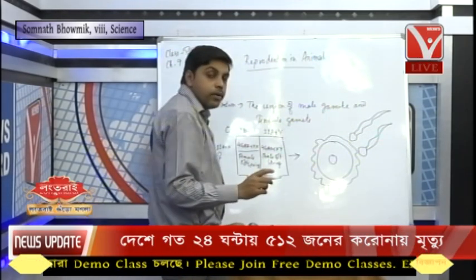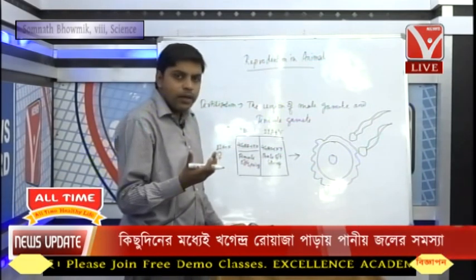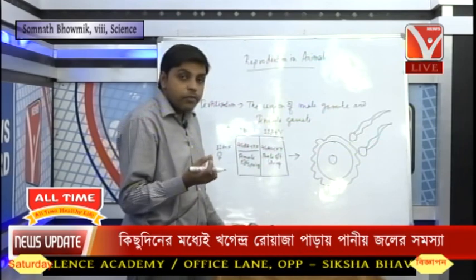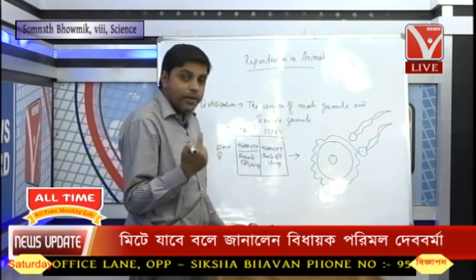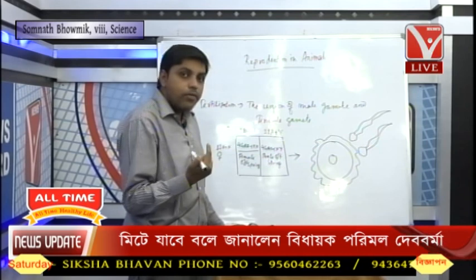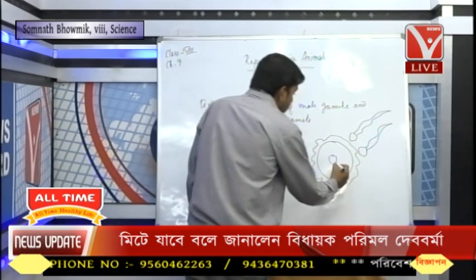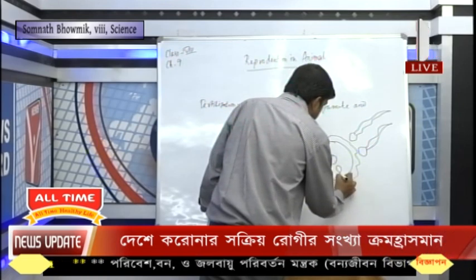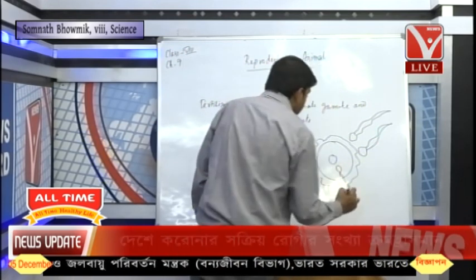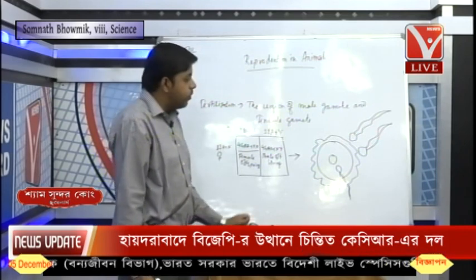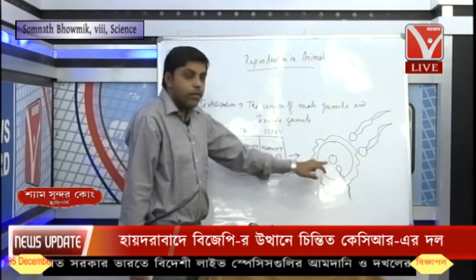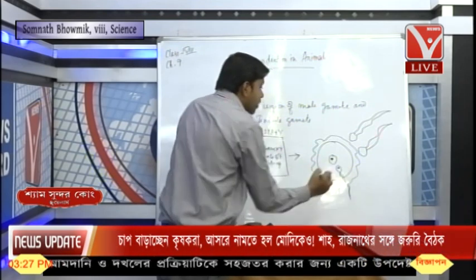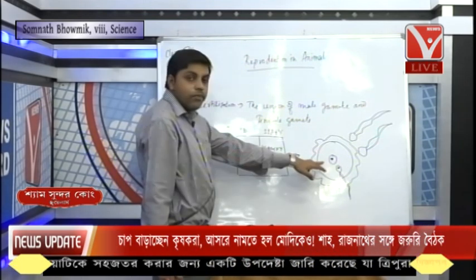There are millions of sperms released by a male person, but out of the millions, only one sperm is able to fuse with the female egg. This one sperm fertilizes the female ovum. So this is one nucleus, and this is one more nucleus. This is fertilization.